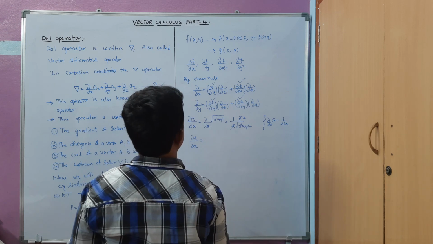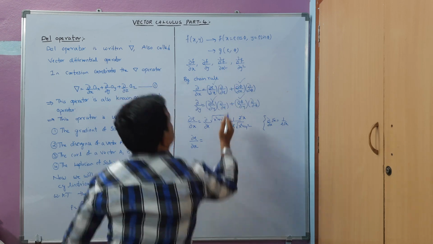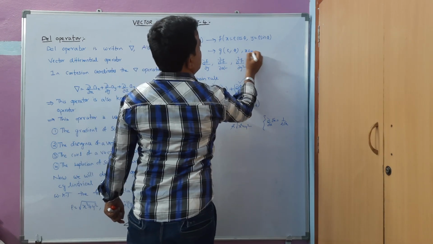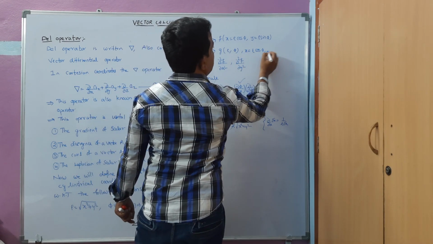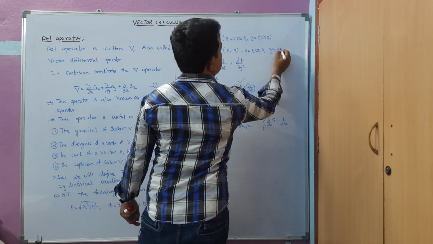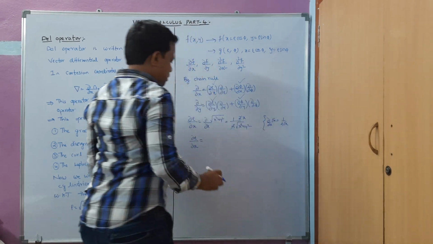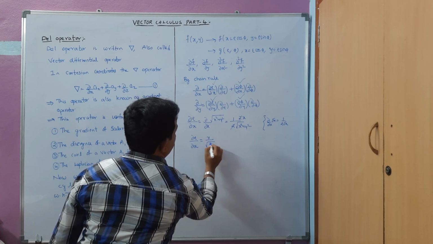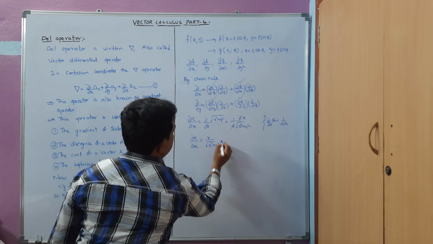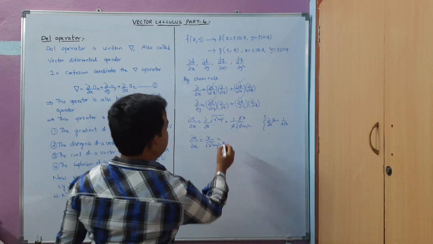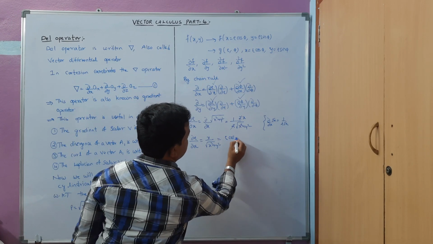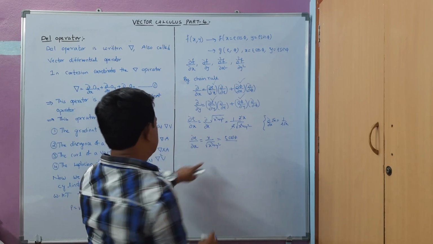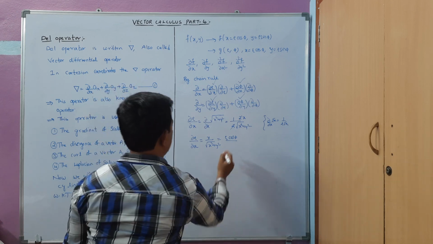So this will be equivalent to x by square root of x square plus y square. Again we know the relations: x is equal to rho cos phi and y is equal to rho sin phi. So I can substitute here, where x is equal to rho cos phi, I write rho cos phi, and this square root of x square plus y square is rho here.